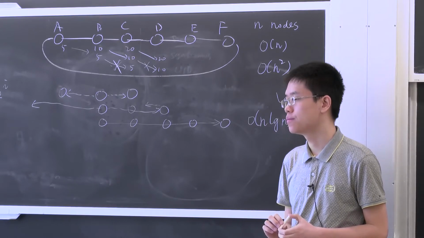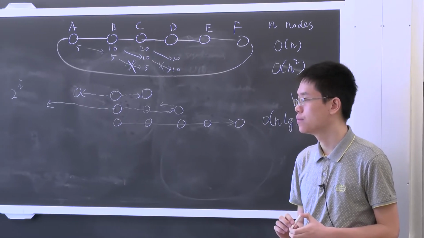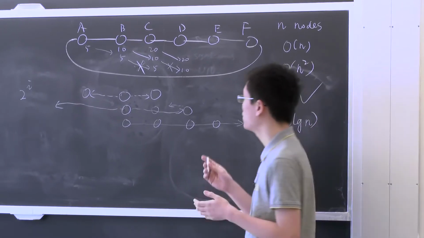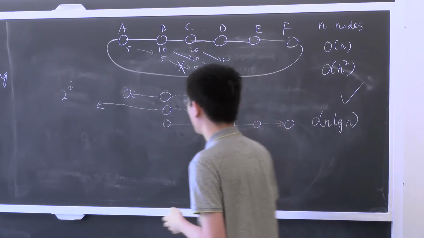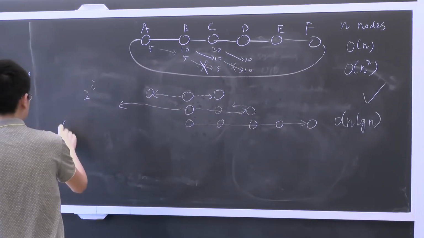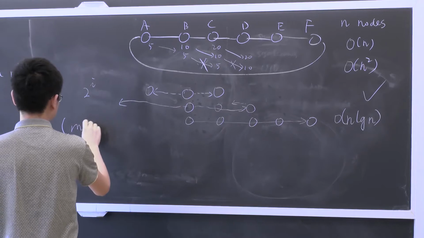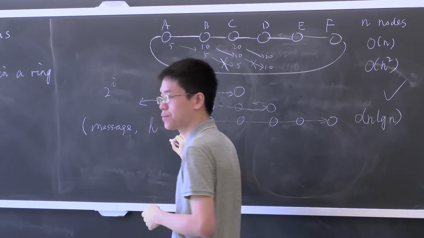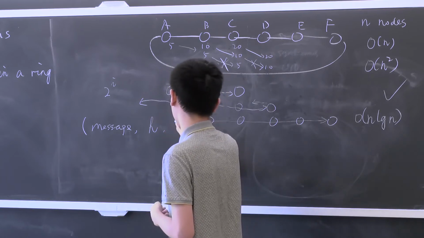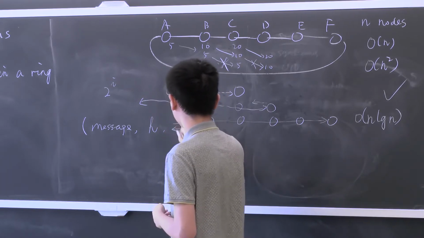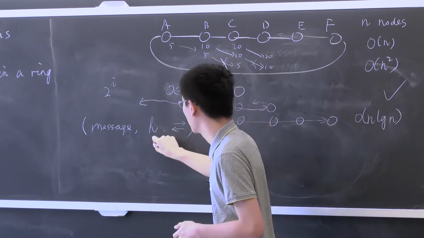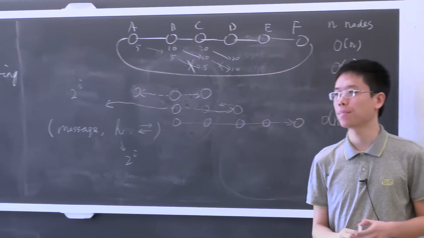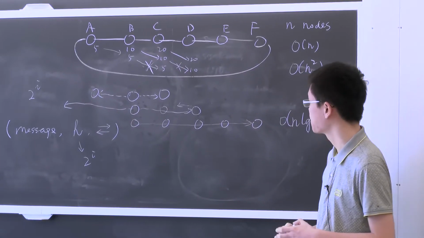How will it send messages to I? Like it can only communicate with its neighbor, right? Not the node that is 2 to the I away. Yep. So we will send a message of this form, say, some message, and then we will send a hop count and a direction, either left or right. And this hop count will initially be set to 2 raised to I, the number of the round.